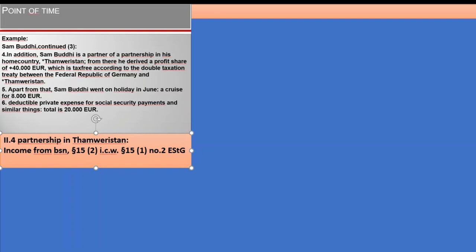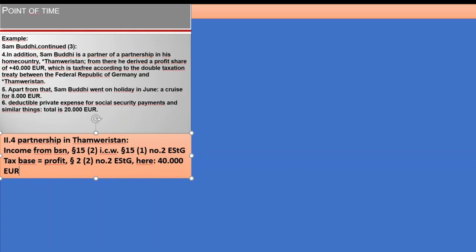So the type of income, it's income from business. 15.2 again, in combination now with 15.1 number 2, which says in case of a partnership, every partner has to pay for his or her profit share. The tax base is the profit again. Here the profit share, that was 2 number 2 ESDG, and that is given here with 40,000 euro.